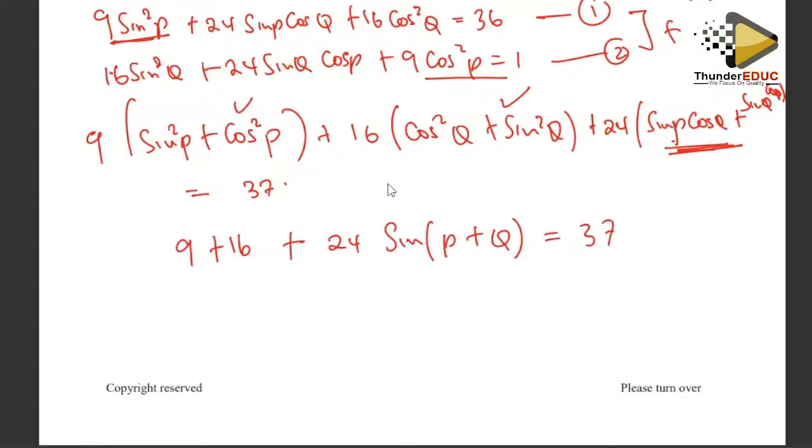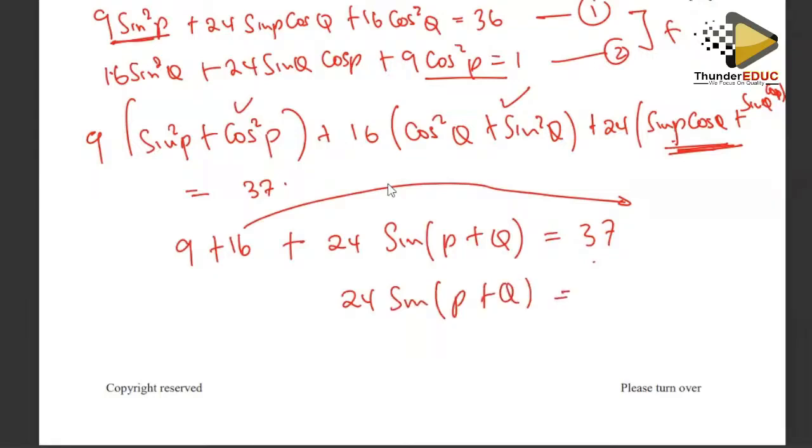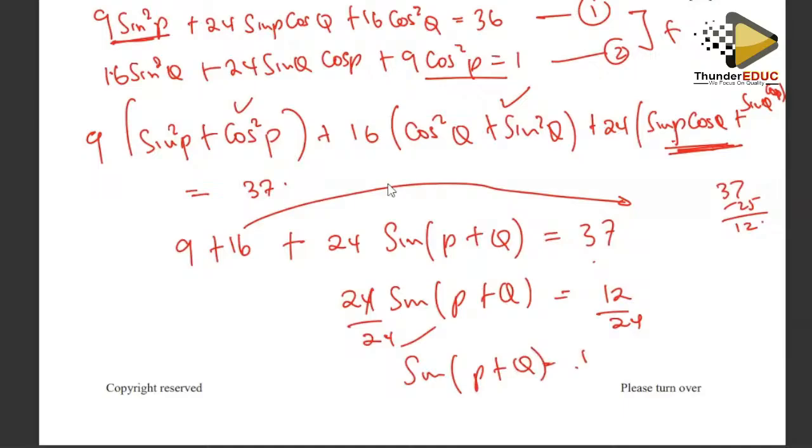We know that 9 and 16 is 25. Let's move everything that side. So 24 sine of p plus q is equal to 37 minus 25, which gives us just a 12. Then divide both sides by 24, being that the sine of p plus q gives us a half.